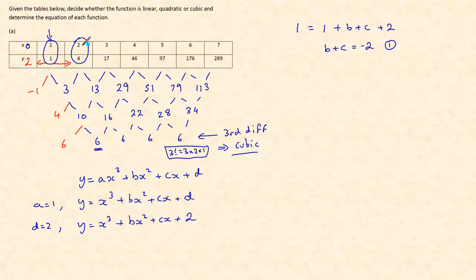This tells me y is 4 when x is 2, so 4 is going to be, so if x is 2, then x cubed is 8, and then we have 4b, and then we have 2c, and then finally 2.